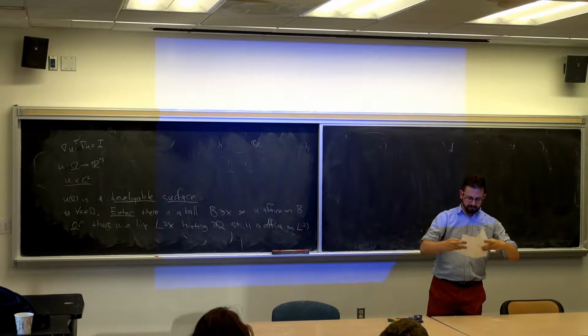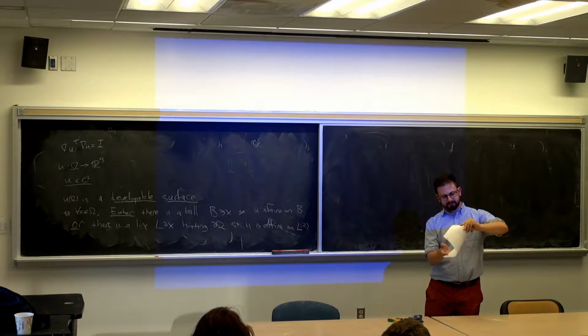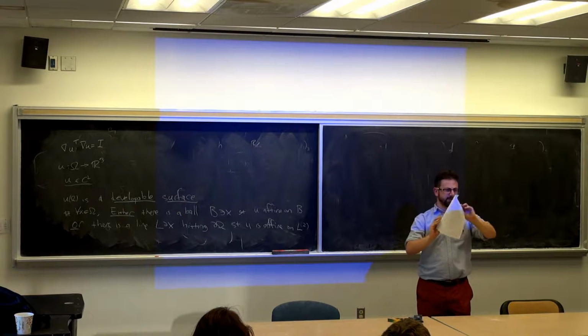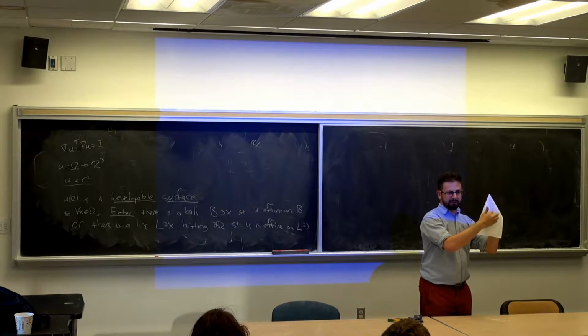Or if I try to bend it like this over here and like this over here, you can see there's going to be a region here where U has to act affine.